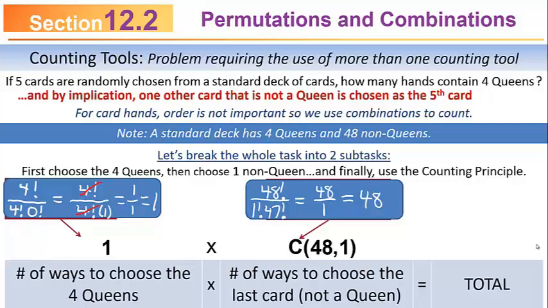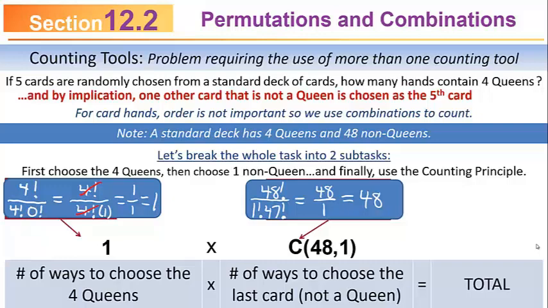Everything but the 48. So from 47 on down, all canceled out because that appeared in the denominator as well. So you end up with just a 48 in the numerator divided by 1 factorial, which is 1, and 48 divided by 1 is 48.